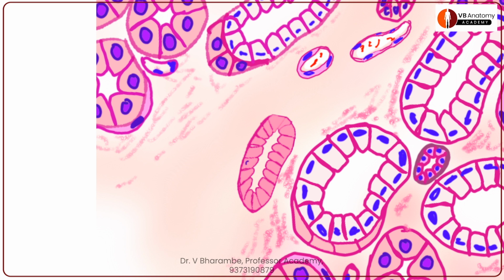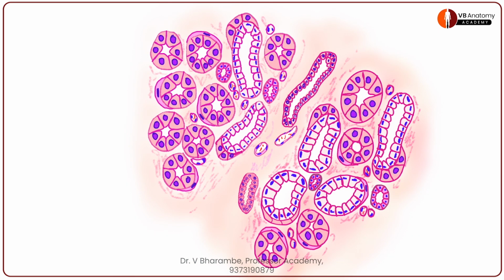If you want, you can add striations to the basal region and call it a striated duct. Let's add connective tissue which is dense in the interlobular region. A few nuclei, and there you have the diagram of your mixed salivary gland.